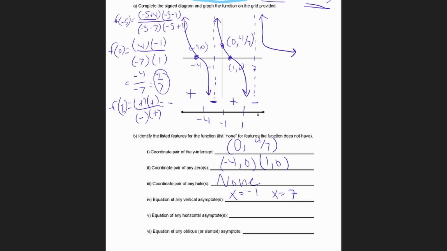Since we have our equation of x plus 4 times x minus 1 over x minus 7 times x plus 1, if we expand these out further, we'll get an x squared in the numerator and an x squared in the denominator. So our ratio would be 1, since the coefficients for both of these would be 1.